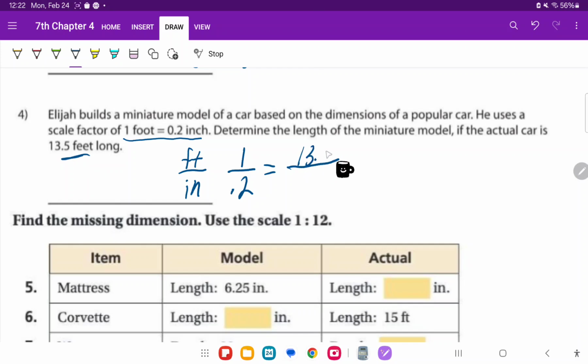13.5 feet is how many inches, right? So we're going to cross multiply. 1 times D is D. And then 0.2 times 13.5.